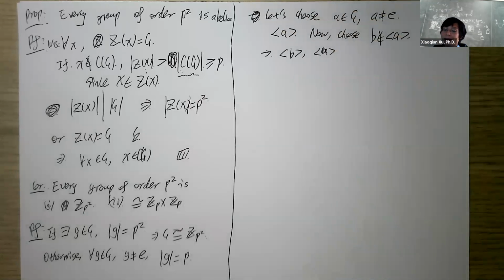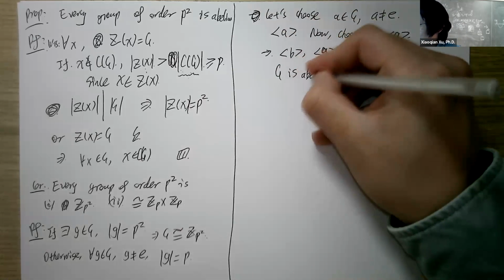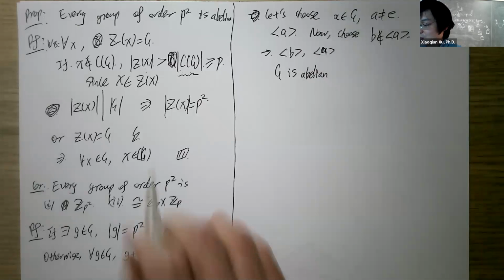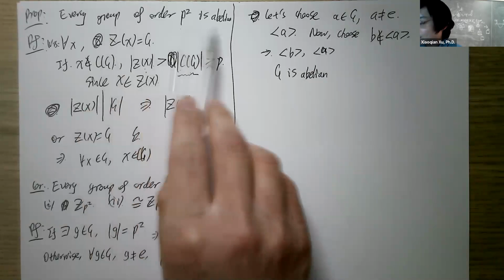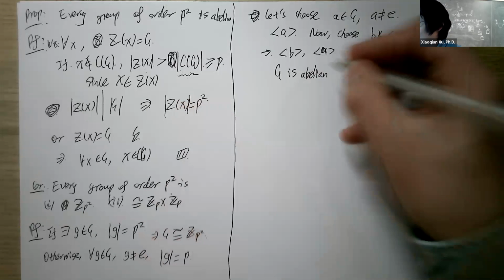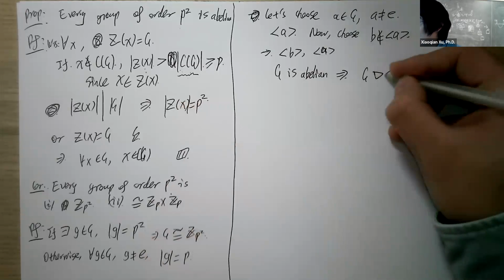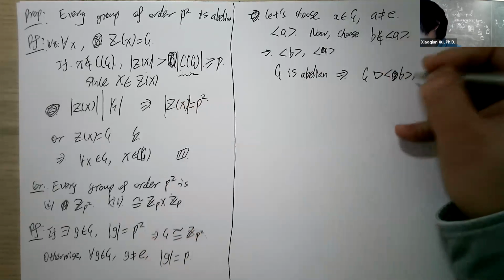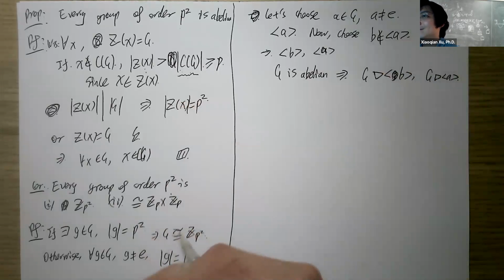An interesting fact is, since G is of order P squared, we know that G is an abelian group. So that means these two generated groups are both normal, right?